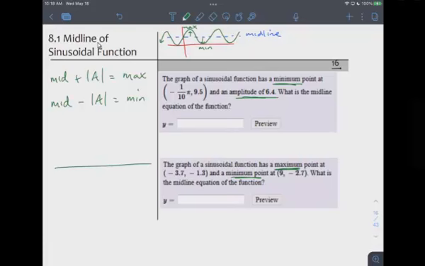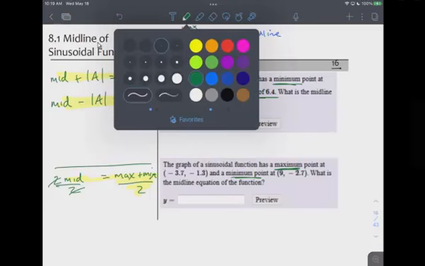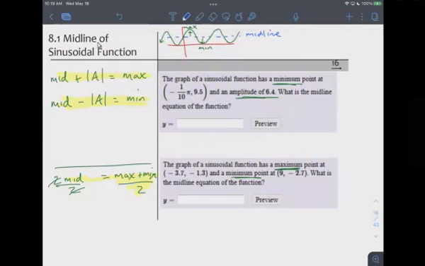I'm just solving a system of equations here. If you divide by 2, you get your midline. So your other equation is the midline is equal to the max plus the minimum divided by 2, or the average of those. These are the 3 formulas you can use based on the information provided.